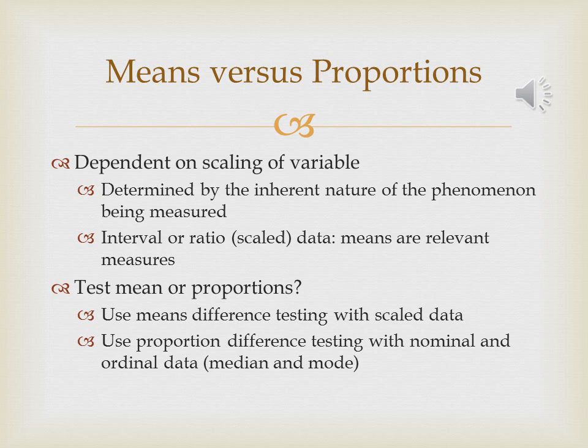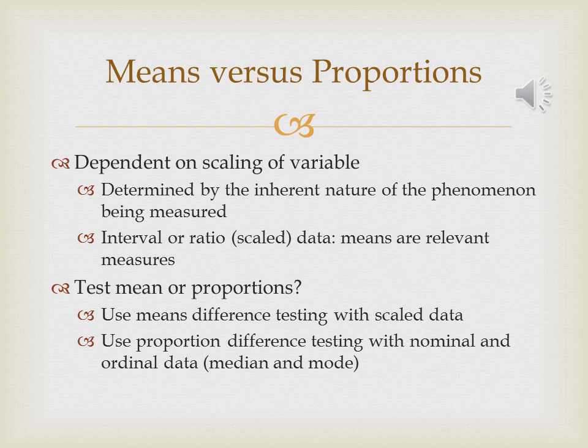For instance, age is ratio data because it has a natural 0 and the intervals between the choices are equal. So given that, a mean is a relevant measure of what we call central tendency for interval or ratio scale data.